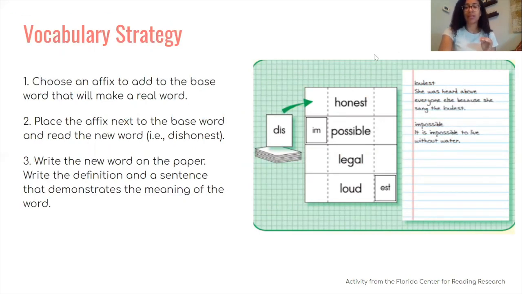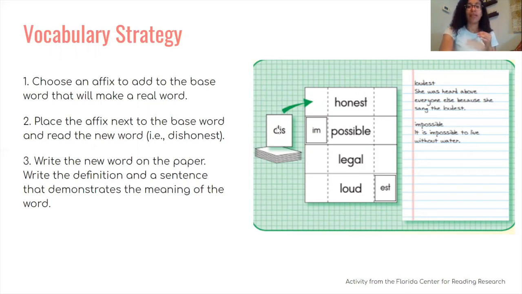If we look over at our example, we have our base words down the center. Notice that they're all full words and they all have their own meanings, right? Then you will place an affix next to the base word and read the new word. If you don't know, an affix is just a fancy word for prefix or suffix, okay?